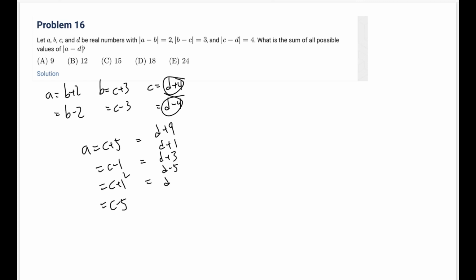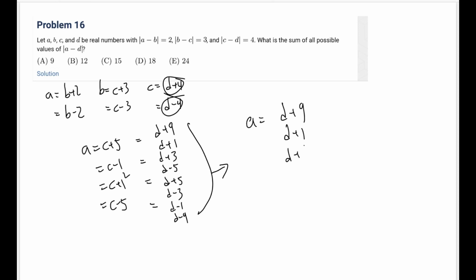This is D plus 5 or D minus 3. This is D minus 1 or D minus 9. So from here, we can see that A equals D plus 9, D plus 1, D plus 3, D minus 5, D plus 5, D minus 3, D minus 1, and D minus 9.